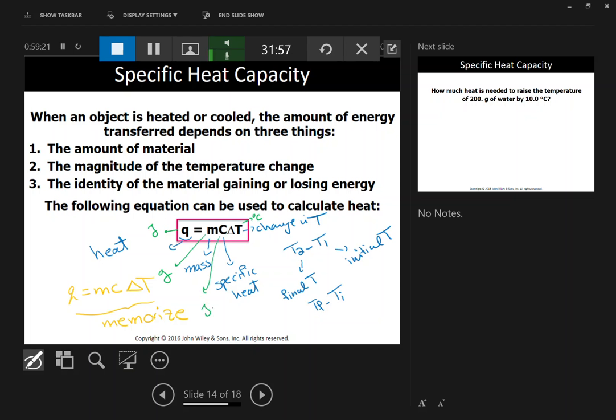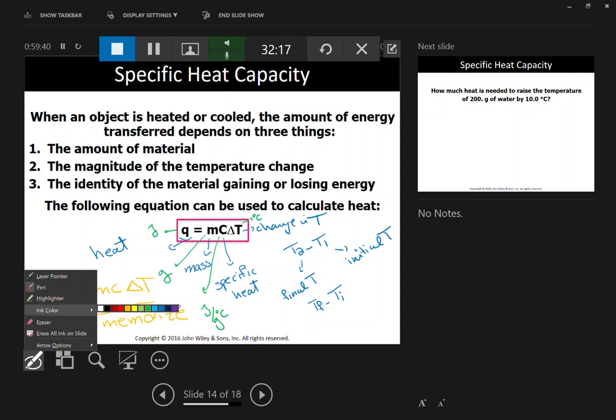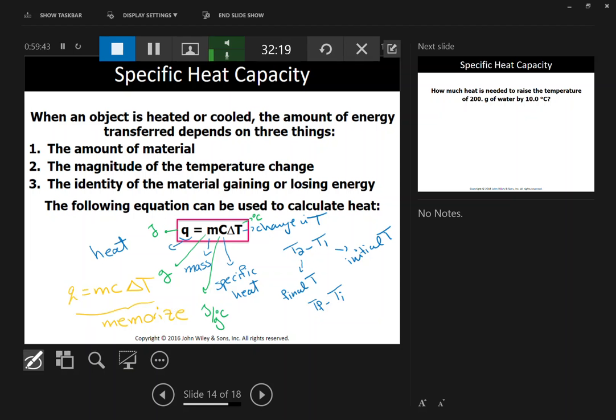Specific heat is joules per gram Celsius. So, the unit of heat is joules. Mass is given in grams. Specific heat or heat capacity is joules per gram Celsius. And delta T is in degrees Celsius.